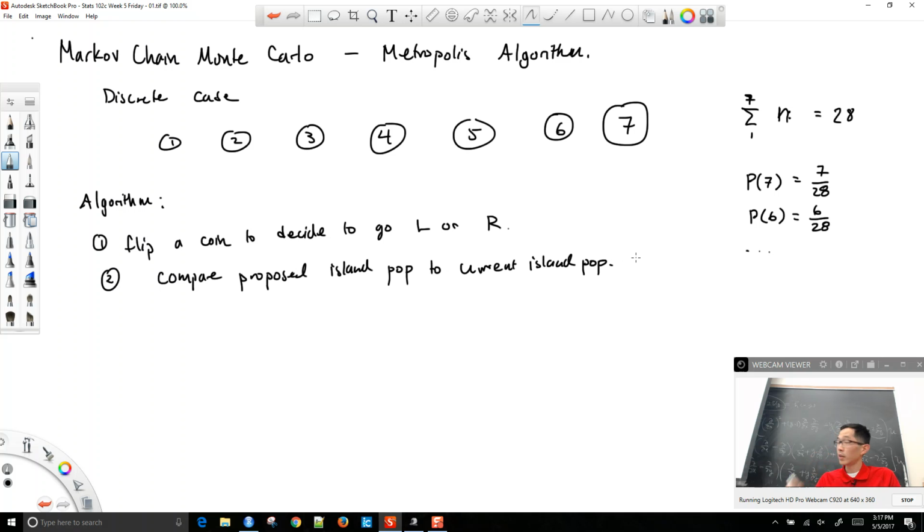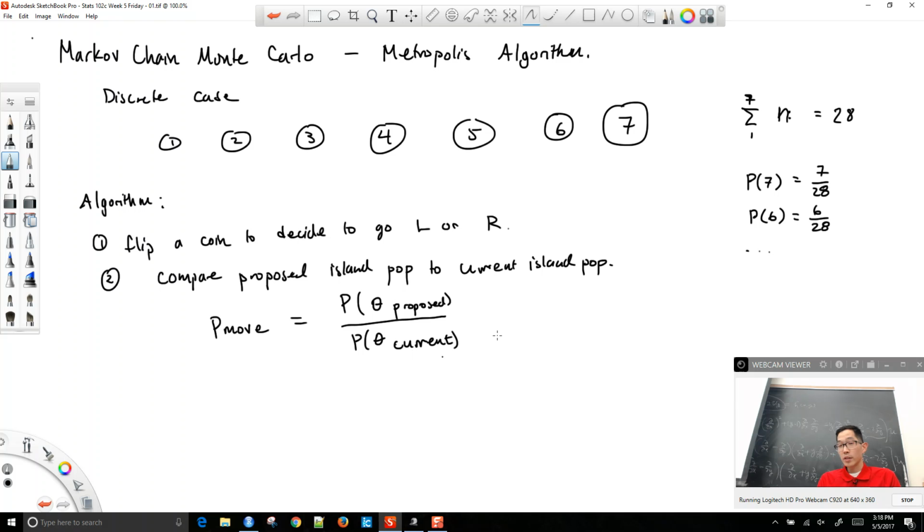Effectively, the population is pretty much a proxy for probability, right? So we can compare the probability of being on the proposed island versus the current island. So the probability of moving is going to equal the probability of the proposed island, theta proposed, divided by the probability of the current island, theta current.